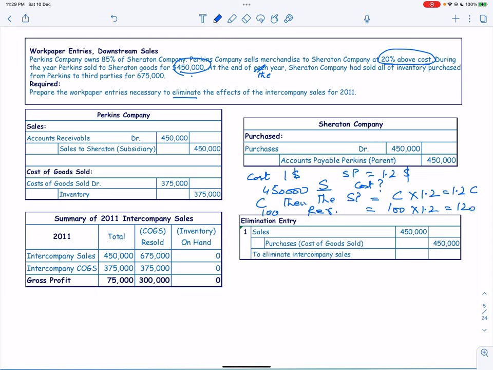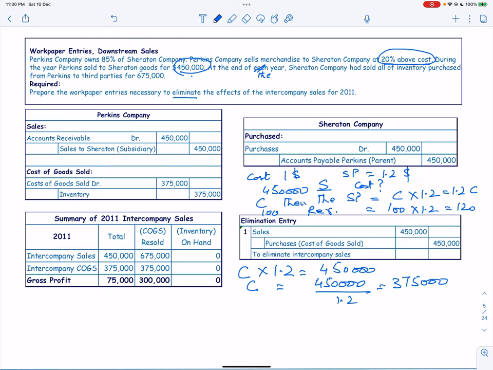Let us assume the cost in this exercise is C. Then C times 1.2 is equal to the sales, that is 450,000. So the cost of goods sold is equal to 450,000 divided by 1.2, that is 375,000.